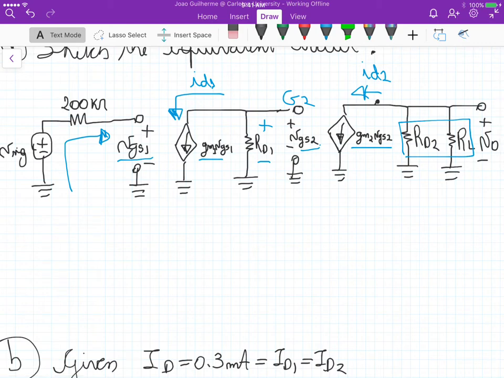In this first part of the circuit, because there's no current flowing through the gate of the transistors, we conclude that VGS1 is actually equal to this signal.